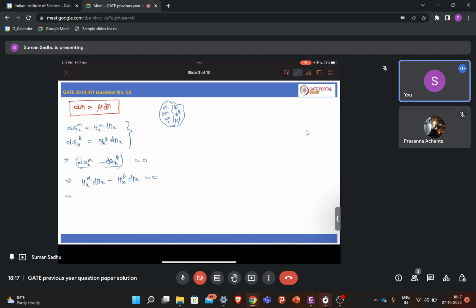If you take dn x common, then it will be (mu x alpha minus mu x beta) into dn x equals 0. Now dn x is a non-zero term. So as dn x is not equal to 0, the equation will be mu x alpha minus mu x beta is 0. So mu x alpha is equal to mu x beta, right?